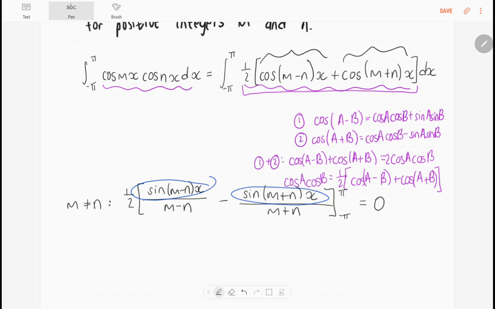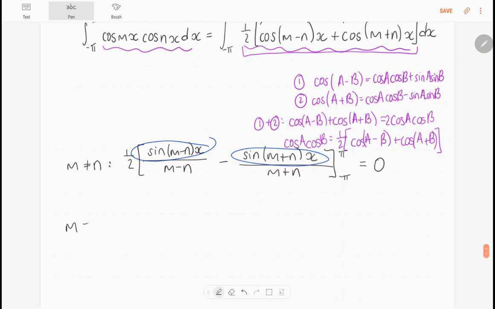Then the next case we have to look at is when m equals n.